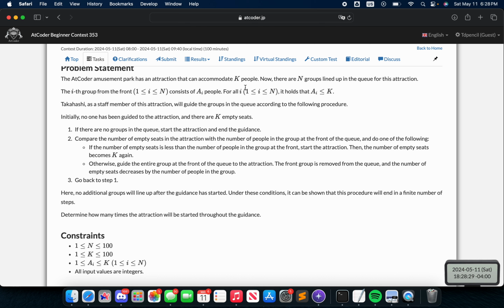And you have n groups of people, maybe n families or n friend groups, whatever. Basically you keep loading people onto this attraction, but you don't want to split up families. And it's given that every group of people is less than the total amount of space that each ride can accommodate.